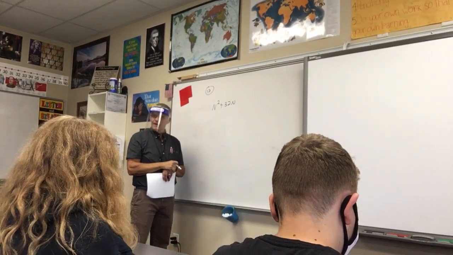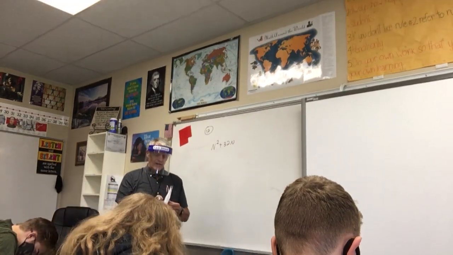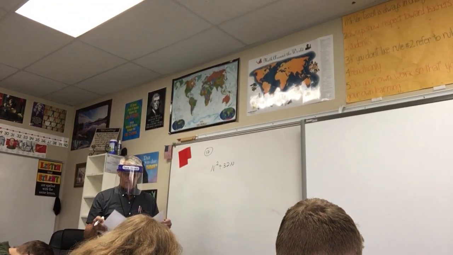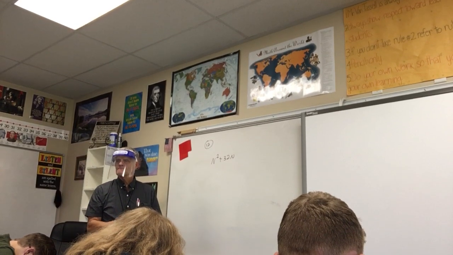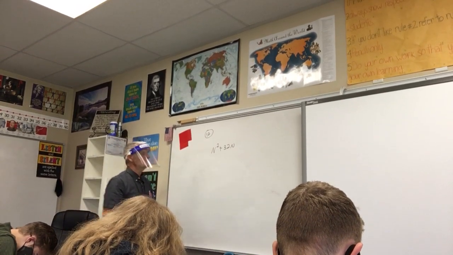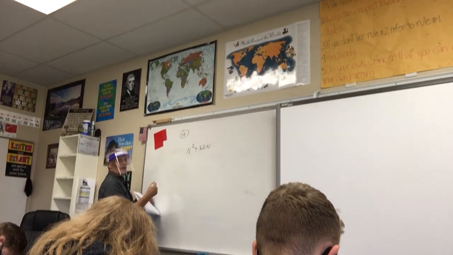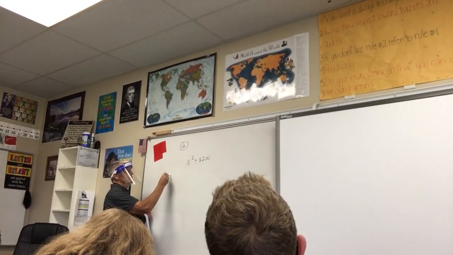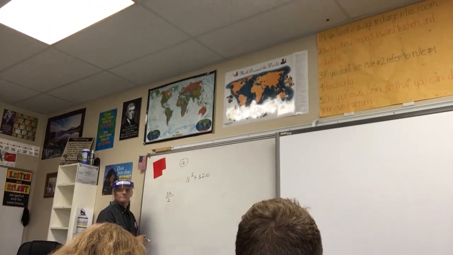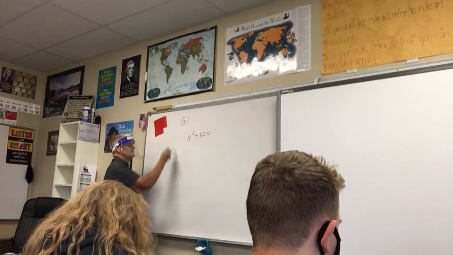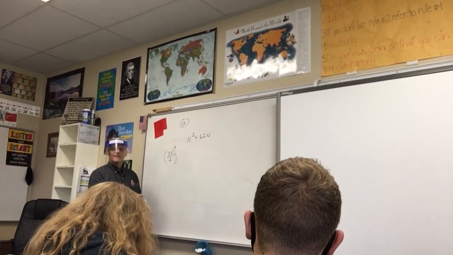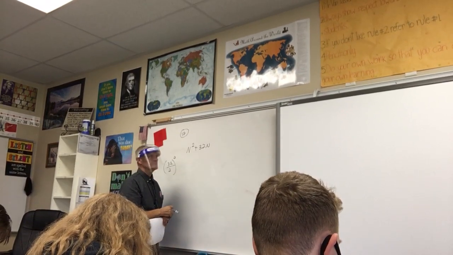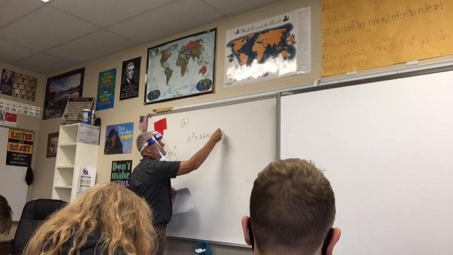Now I'm giving you the odd answers so you can check yourself, whether or not you have it in the right form. But I still want to see your work within reason. So 32 divided by 2 is 16, and you square that, 16 times 16, plus 256.